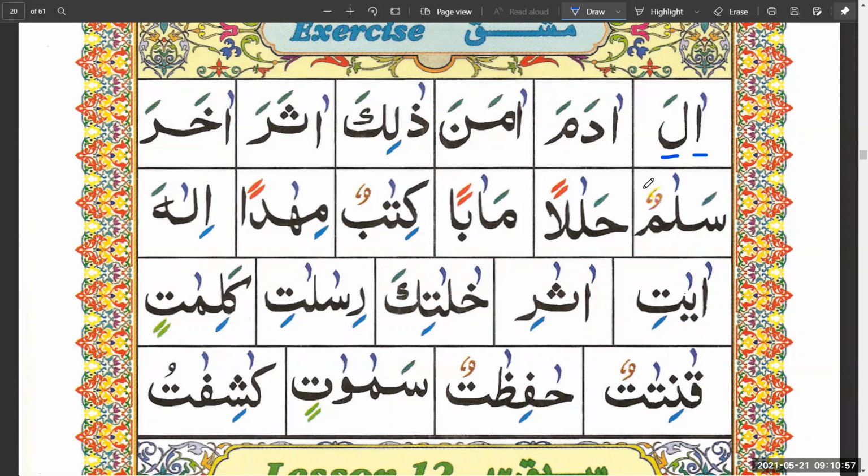Next one, alif standing fatha a, dal fatha da, mim fatha ma, adama. Next one, alif standing fatha a, mim fatha ma, noon fatha na, amana.